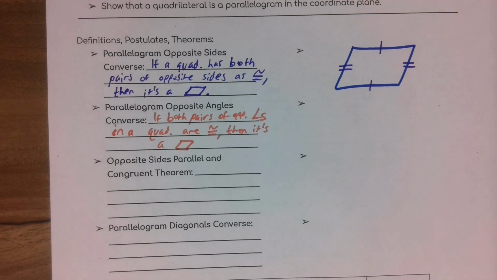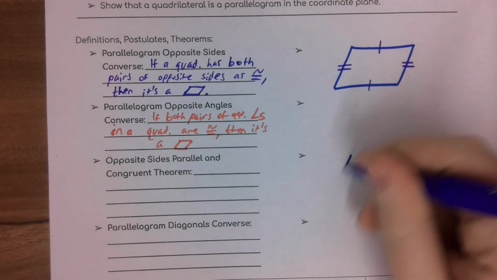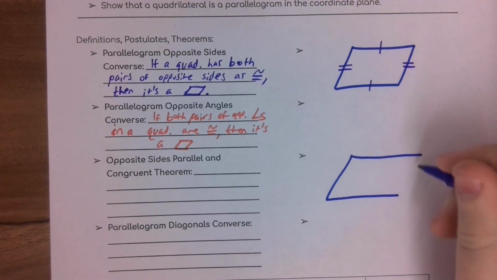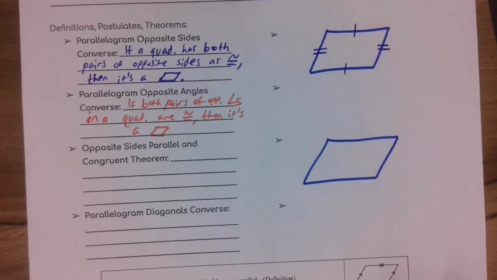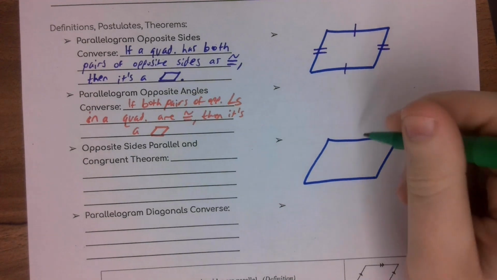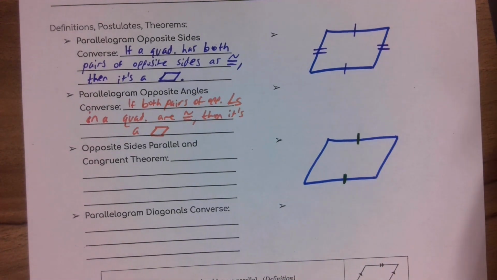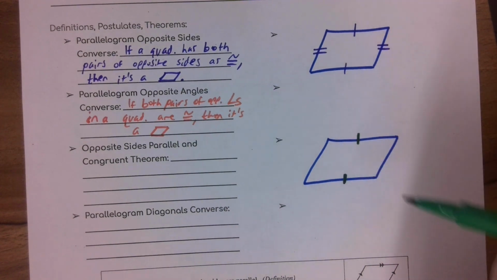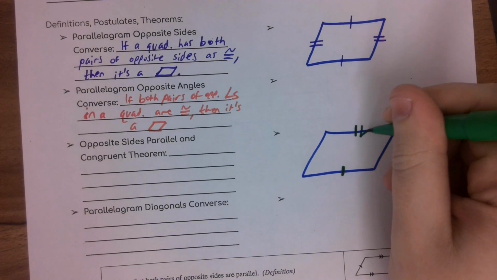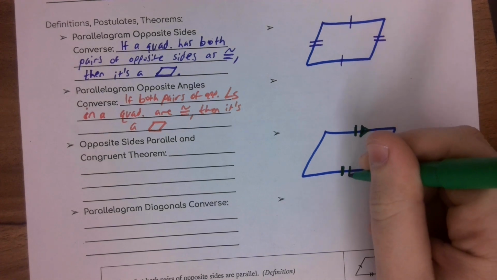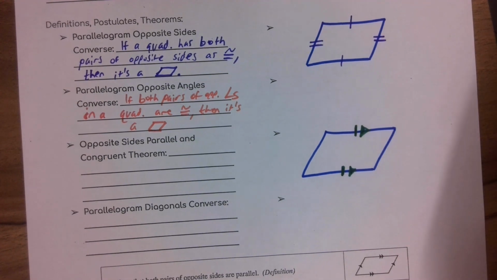The next theorem is actually something a bit new. We haven't talked about this one before, but it goes something like this. You have a shape that you suspect is a parallelogram, and you know the following. You know that one pair of sides is congruent, but not the other necessarily. And you know that those two sides are also parallel.